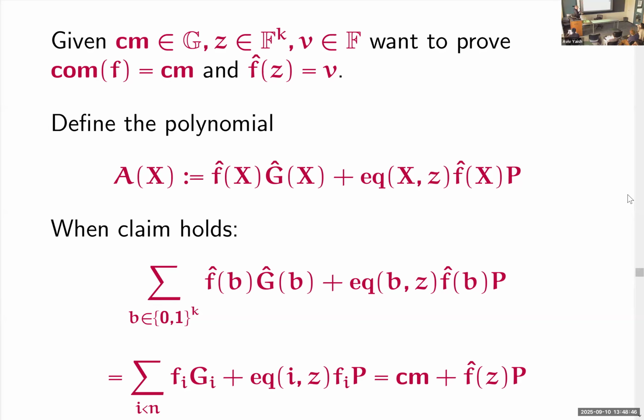But we don't know that these separate sums hold, we just know that the combined sum holds. What you can see is that if an efficient adversary would find f such that the combined sum is equal to Cm plus vP, but the first part isn't equal to Cm and the second part isn't equal to vP, then you would find a counterexample. Discrete log.